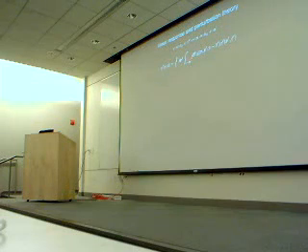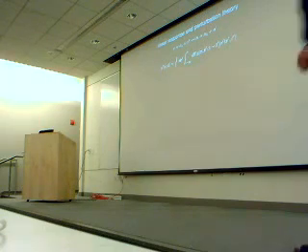Notice two important features of this expression. The first is that this susceptibility depends on time only through the difference between the time argument of the density, that is of the response, and of the perturbation.